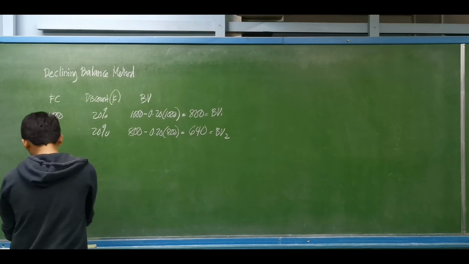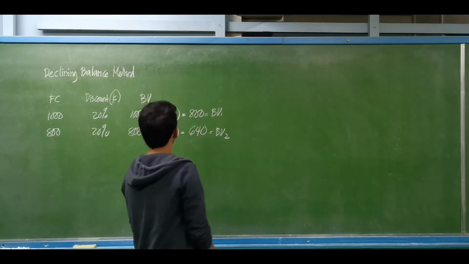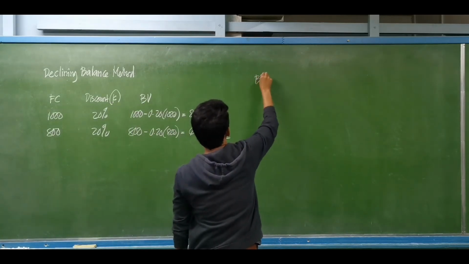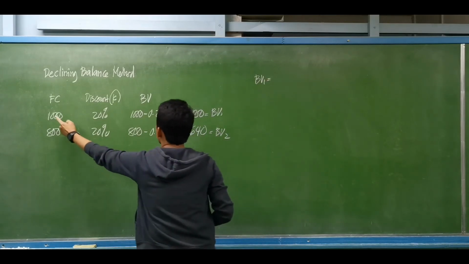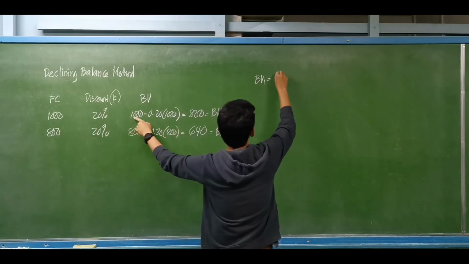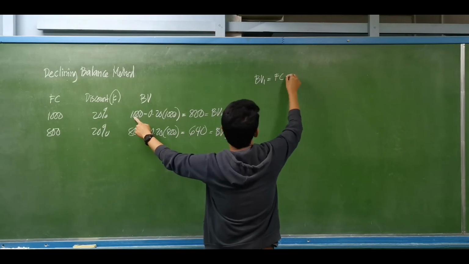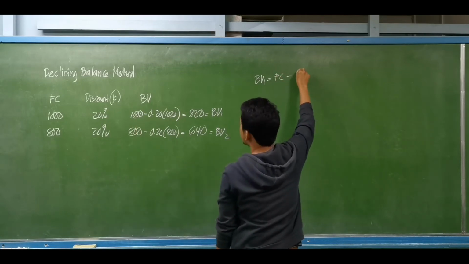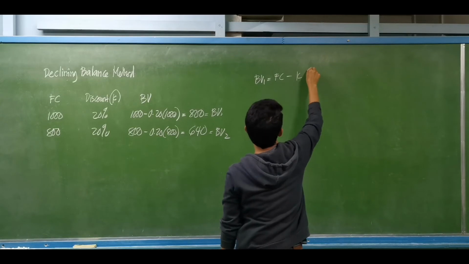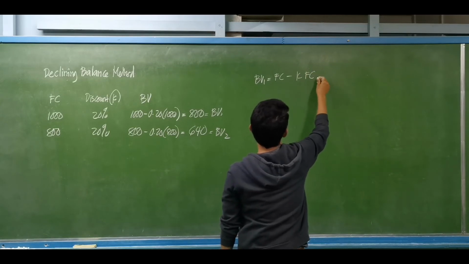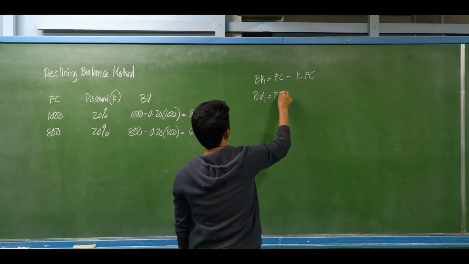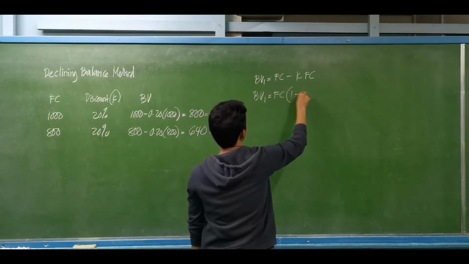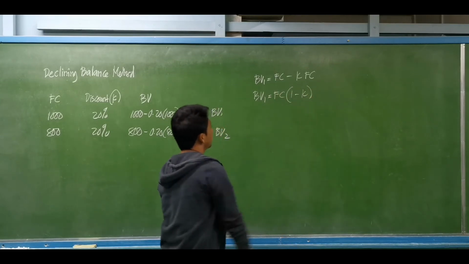How did you compute those values? How to compute book value number 1? Book value number 1 is your first cost minus the rate of depreciation k multiplied by your first cost. So you have book value number 1 as first cost multiplied by 1 minus your rate of depreciation.